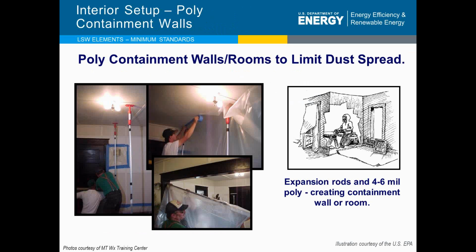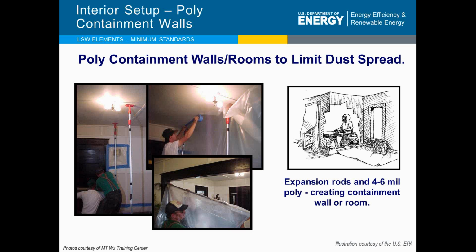Beyond that, again, it's up to the crew chief and or the certified renovator to look at more aggressive containment. And poly walls or poly containment walls is an example. Using the extension and expansion rods and putting up poly walls, that is an option. It's not required. But if you want to minimize the area that you're impacting, there is not a better way to do it than using expansion rods and plastic.